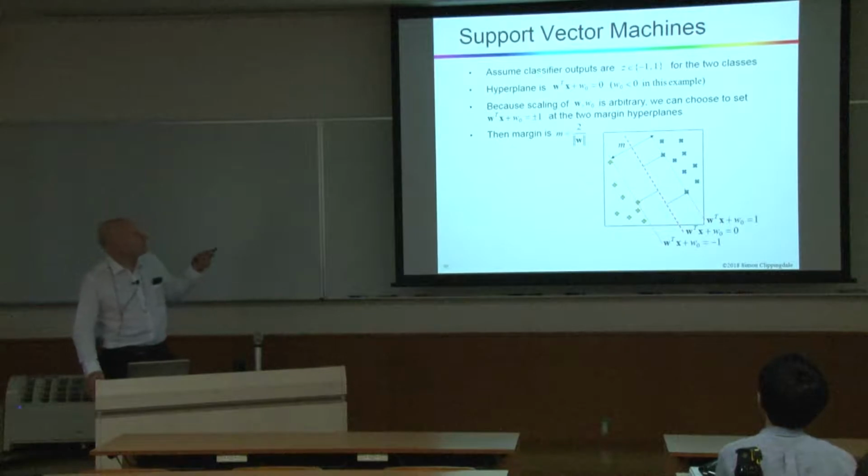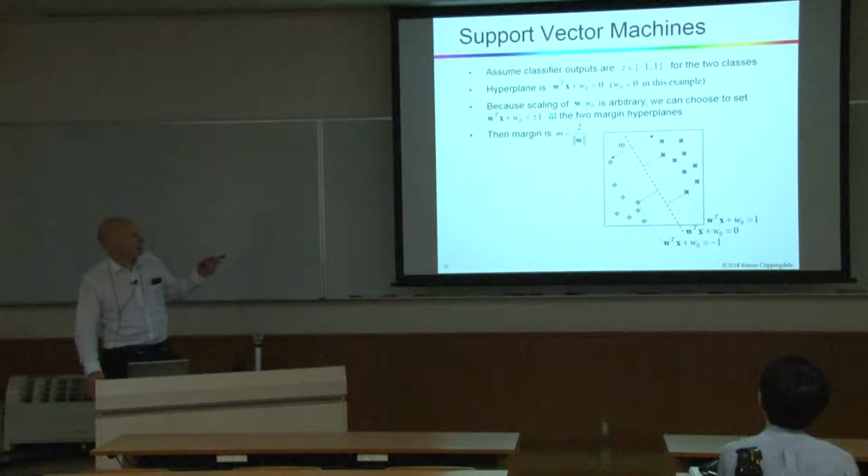So, assuming classifier outputs are -1 and 1 for the two classes, our hyperplane is going to look something like this, where we've got an inner product of some weight vector w with the input data vector x and a bias weight w0.